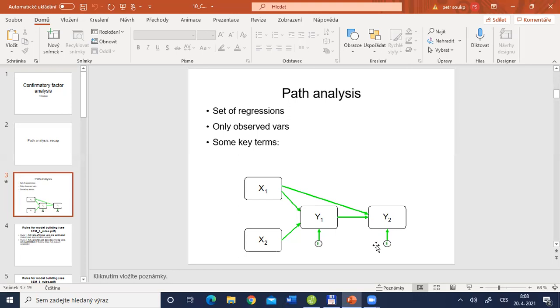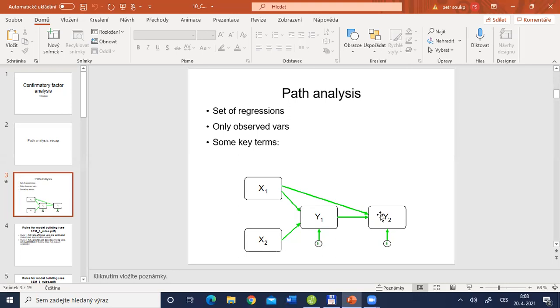Variances of these random errors are just the opposite of the variance of these endogenous variables that is explained by the model. So this is the portion of unexplained variance, and here we have the portion of explained variance. So this is the meaning of key terms and basic concepts in path analysis.